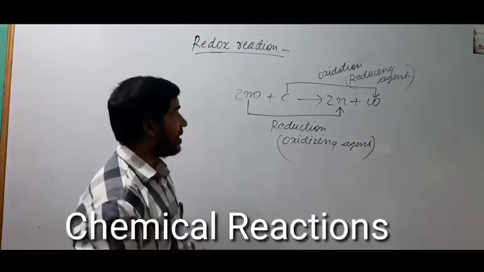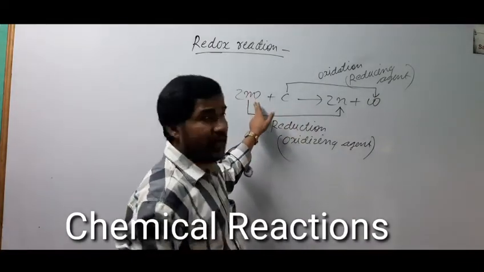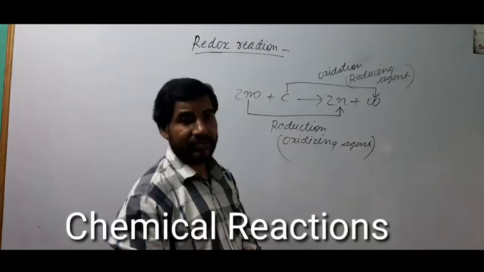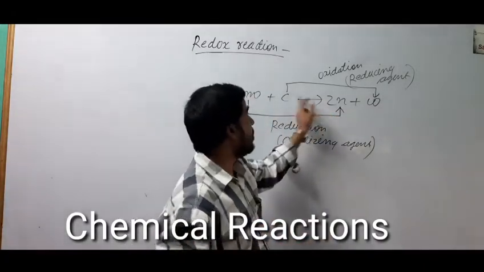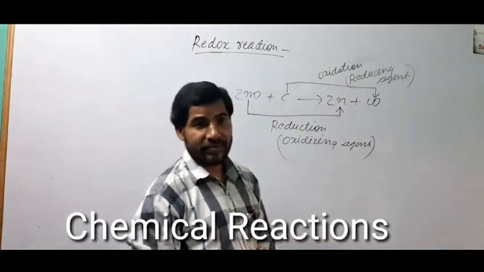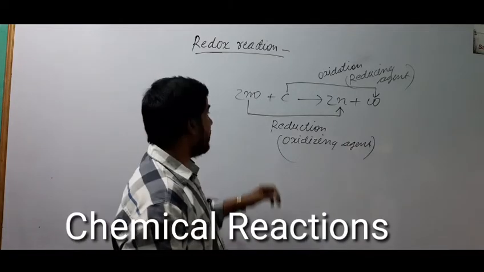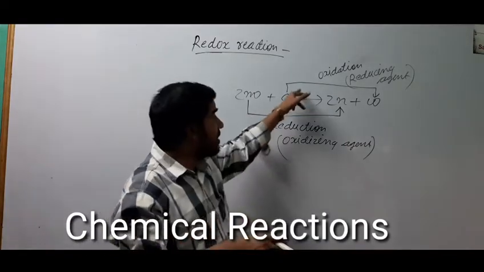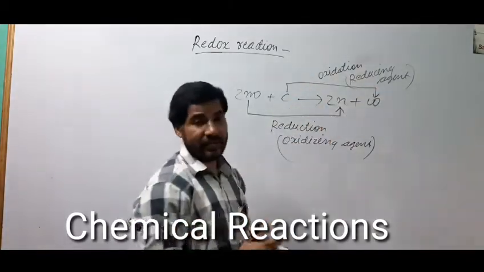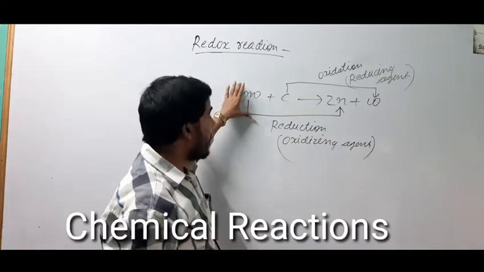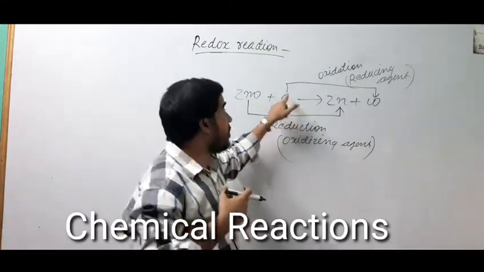Since carbon reduces the zinc oxide by taking oxygen from it, since carbon helps in the reduction of zinc oxide into zinc, it is called a reducing agent. But if we take zinc oxide, we see zinc oxide helps in the oxidation of carbon by giving its oxygen to the carbon.